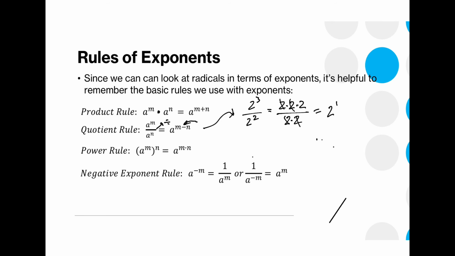I'm left with 2 to the 1, which is the same thing that we would get if we go 3 minus 2. In a division, powers are representing multiplication, and a fraction is a division, which is an opposite operation from multiplication. So we do the opposite operation on the exponents. We subtract them. And that's a simple way for us to simplify.